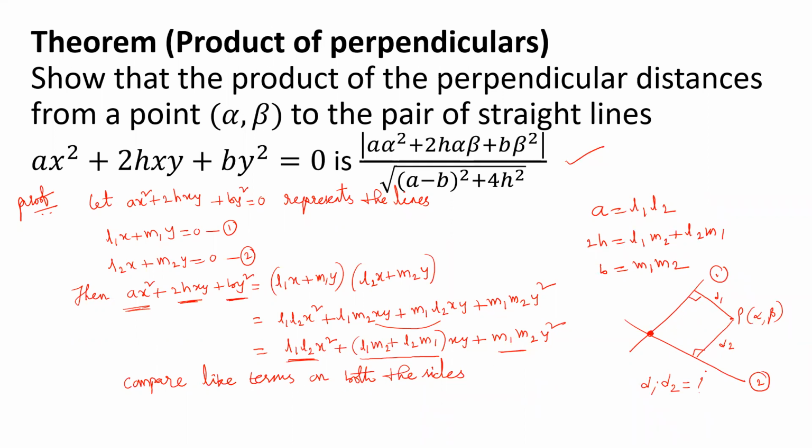Product of the perpendicular distances, right? So first, D1 is equal to the perpendicular distance from alpha comma beta to the first line.